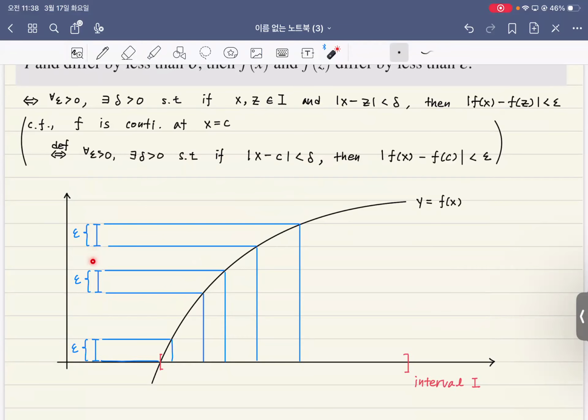For the smaller epsilon, by using the same trick, I can still find the delta satisfying this condition. Even though this is not a precise mathematical argument, according to this picture, maybe I can say for any epsilon, you can find such a nice delta satisfying this condition.